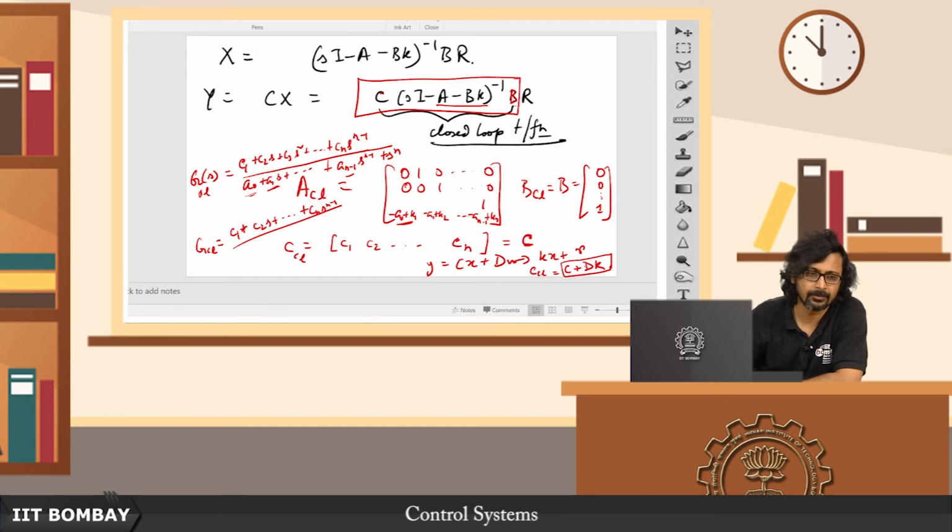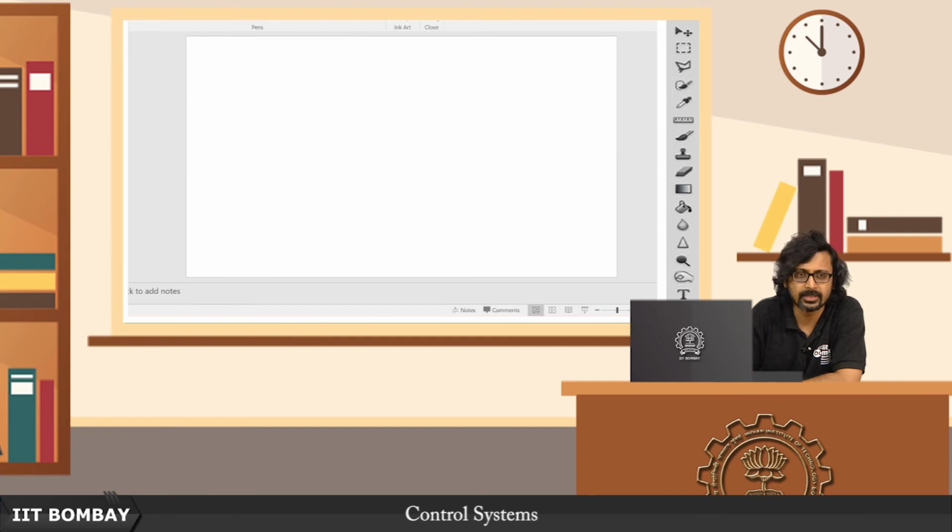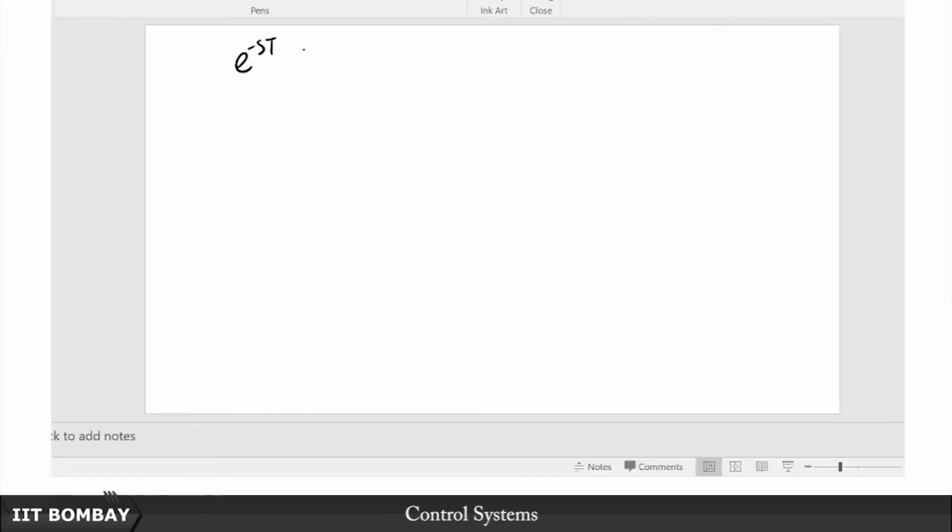We have seen that a Padé approximation of a time delay, e to the minus st, we often get a Padé approximation like (1 minus st by 2) upon (1 plus st by 2), right. So this is like a time delay, and this is tantamount to a non-minimum phase system, a right half plane zero, right.